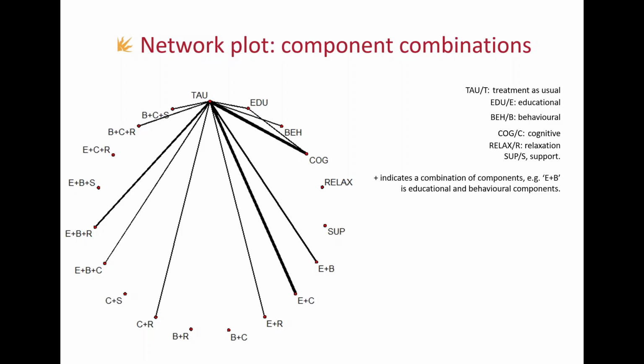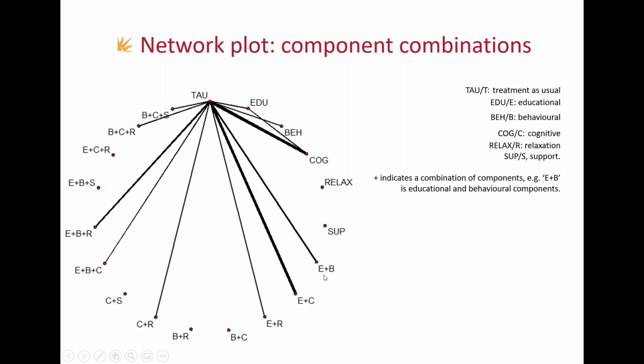So you can see that in practice this network is quite sparsely connected. We can see that we have some interventions that had an educational component, some which had a behavioural component, some which had a cognitive component. We didn't have any which had this relaxation component on its own.